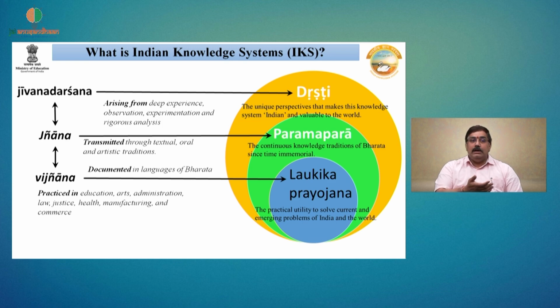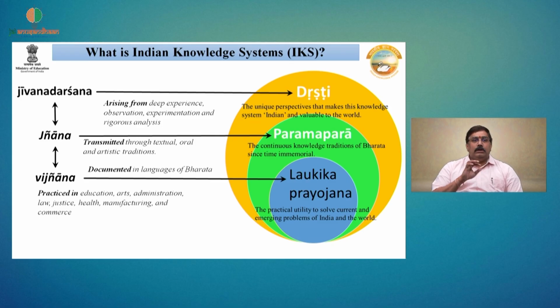And then that leads to Vijnana, that means practical application. It is practiced in various fields of human endeavor, and that essentially leads to Laukika Prayojana. So the Jivana Darshana translates into the drishti, the perspective in the real world, the Jnana is accomplished through the paramparas, the knowledge transmission traditions, and the Vijnana is the Laukika Prayojana that we have.